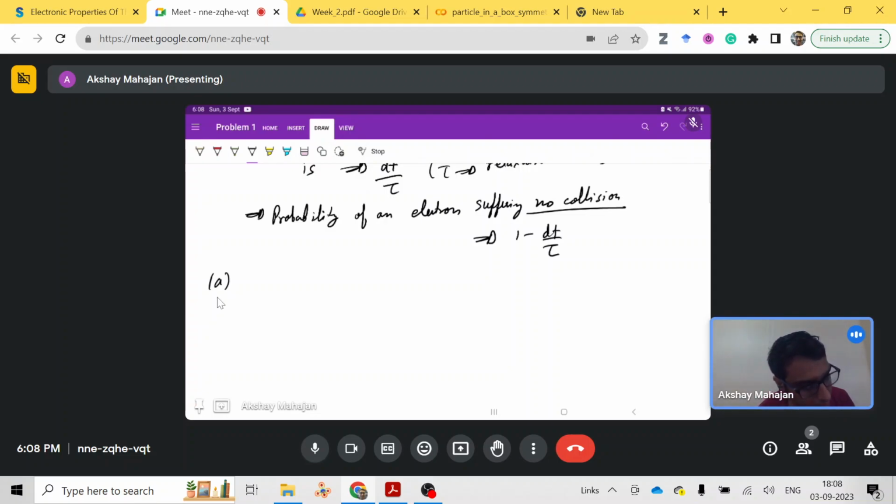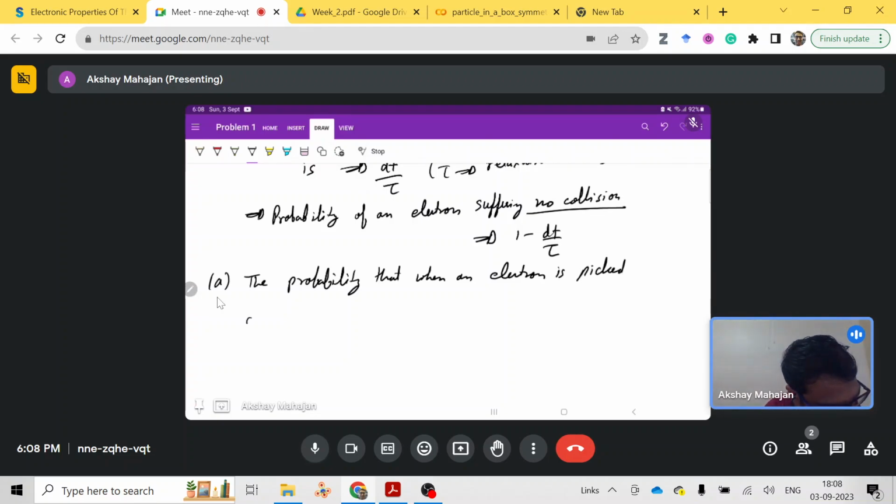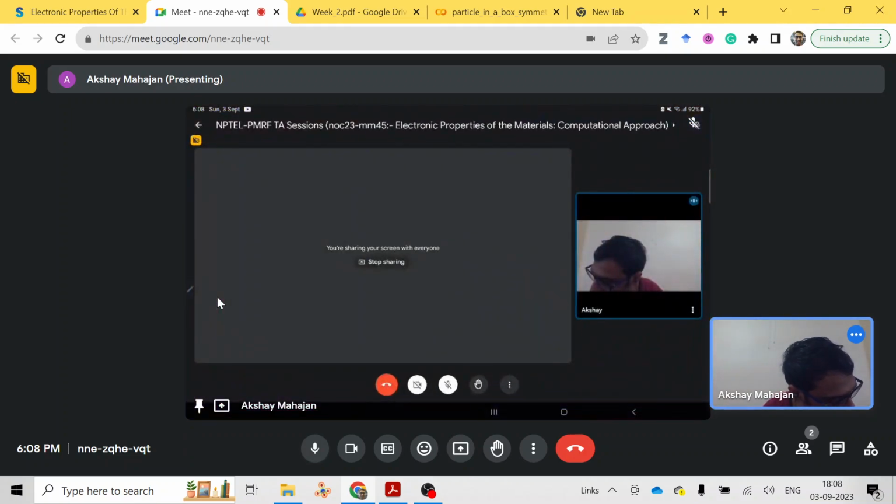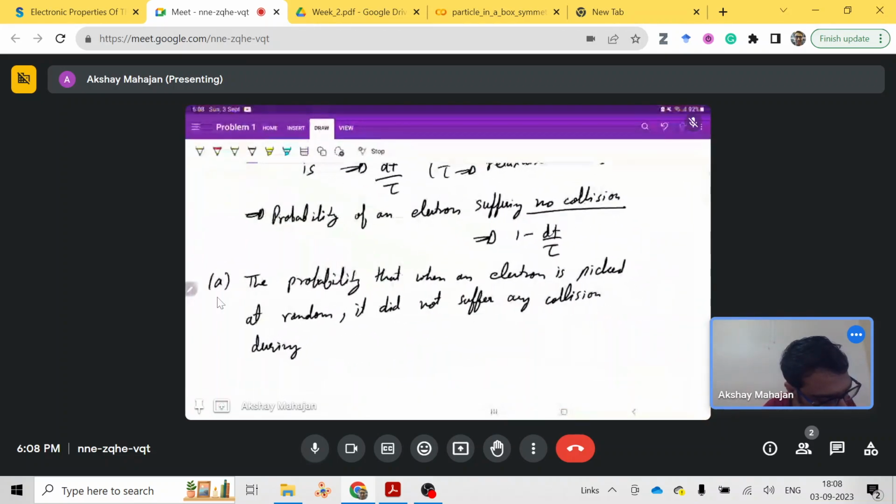So for part A, what we have got is the probability that when an electron is picked at random, it did not suffer any collision during the preceding t seconds.